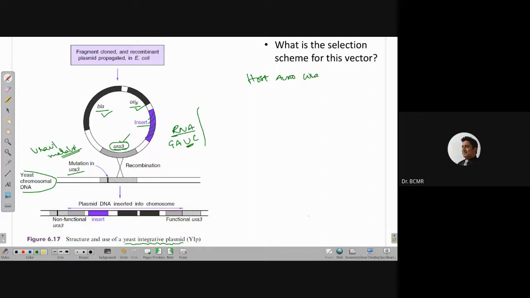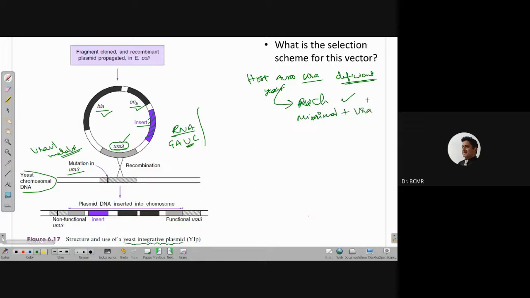What do you understand by that? That means this particular host that we are going to use is deficient in synthesizing uracil. So if we want this yeast mutant auxotroph to grow, we can grow it in rich medium, because rich medium may already have uracil, or minimal media plus uracil.